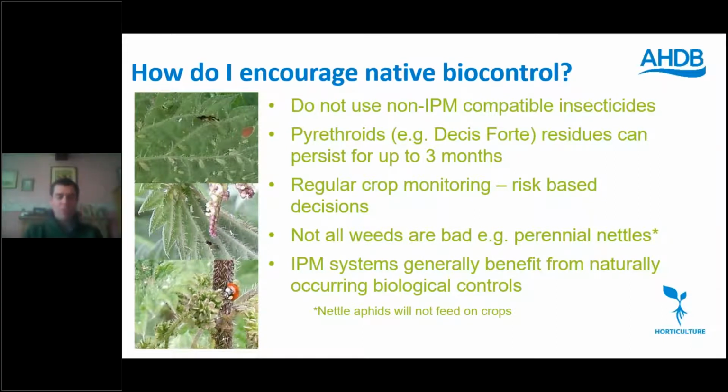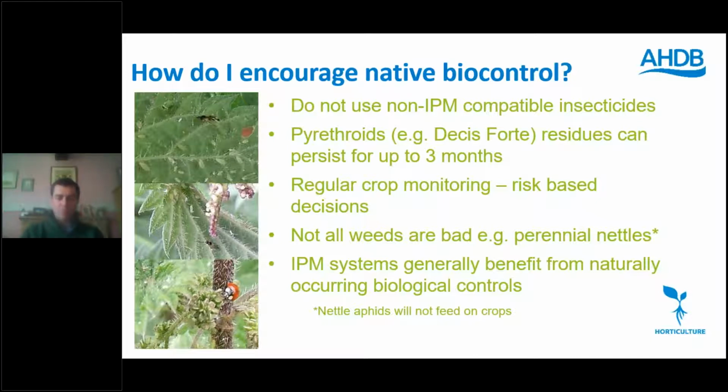Where these sorts of products aren't being used, even where people aren't actually introducing biological controls, we typically see predators moving into the crop. You'll often see natural Aphidius type species parasitizing aphids within the crop. So it's definitely useful to avoid them if possible.